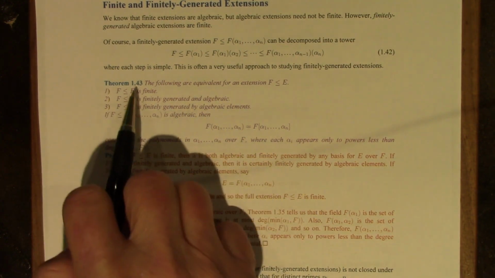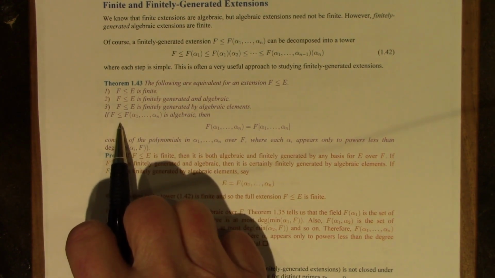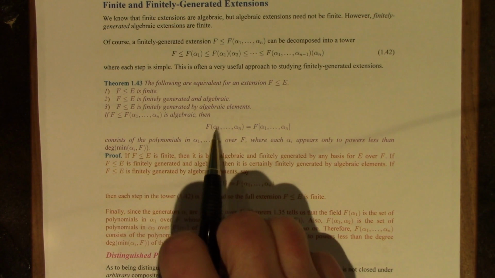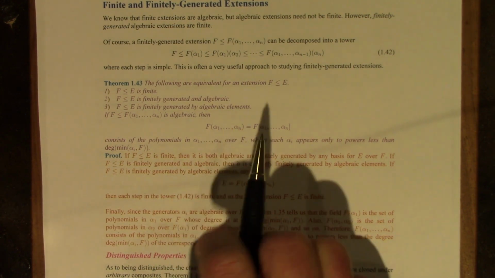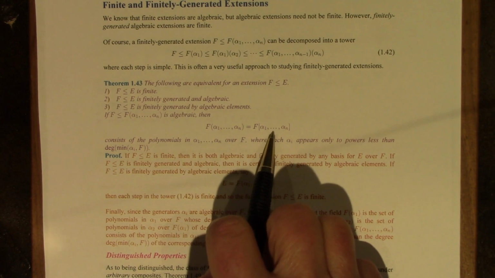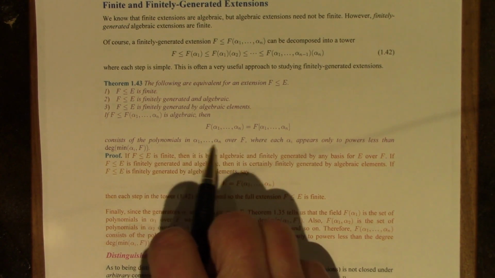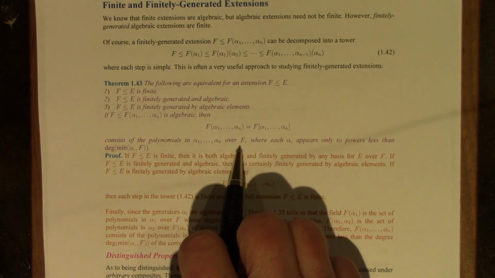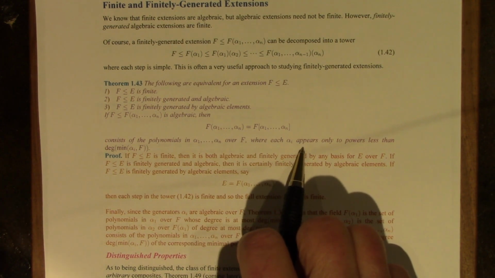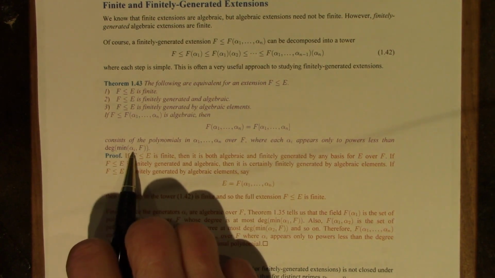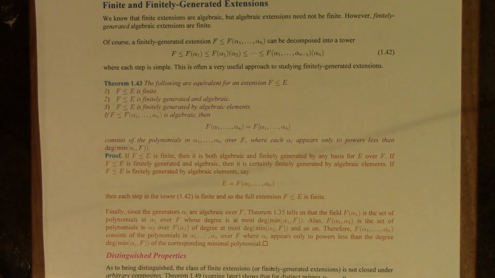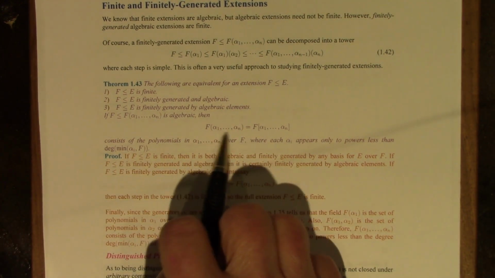If these three hold, then this field, F with the generators adjoined, consists merely of the polynomials rather than the rational functions in alpha 1 through alpha n over F. And each alpha i appears only to powers less than the degree of the minimal polynomial of the element alpha i over F. So that's a nice characterization, which simplifies the characterization of F with alpha 1 through alpha n adjoined.